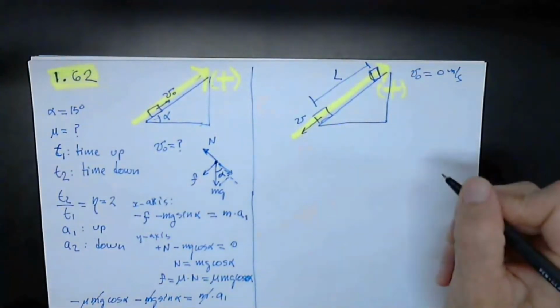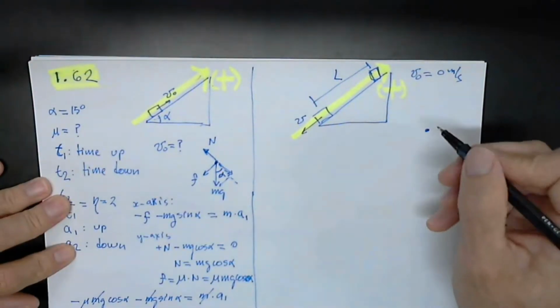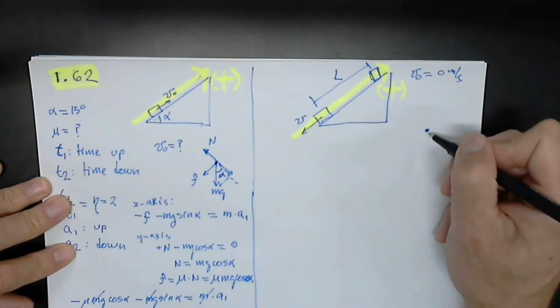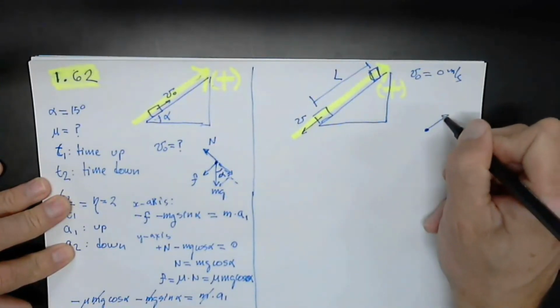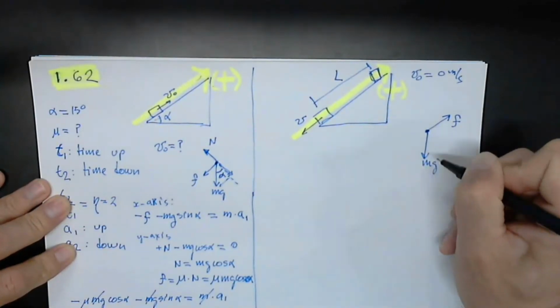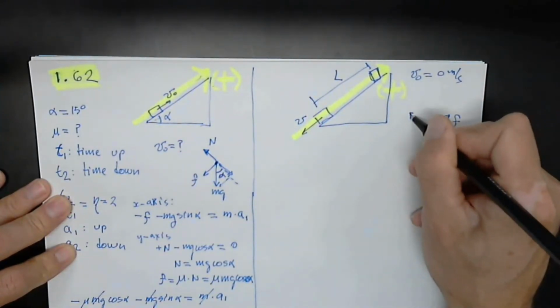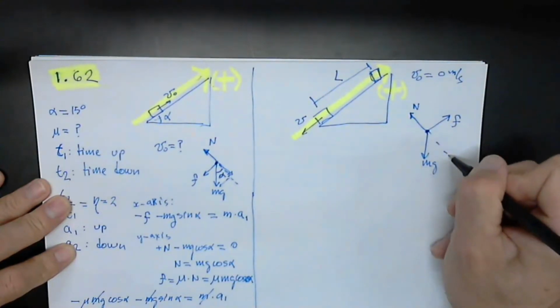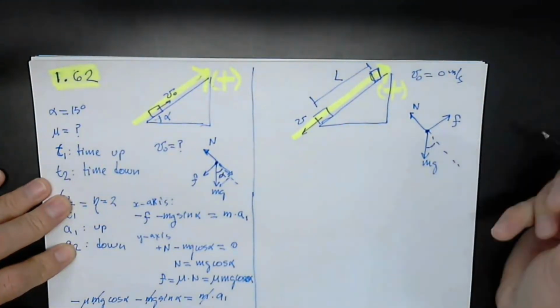And the free body diagram is similar, but now because the object is going down, the friction is opposite to the motion, in this direction. And again, this angle over here is alpha.